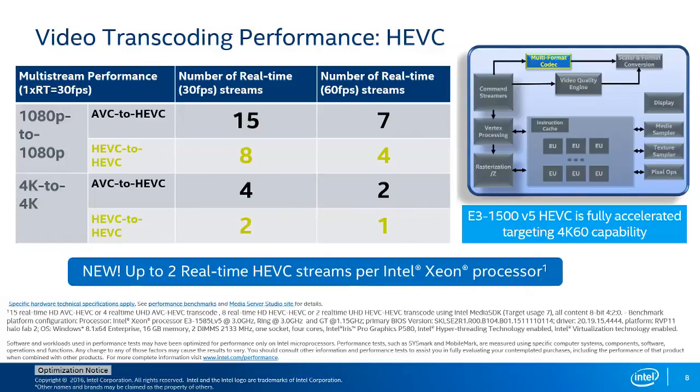You could do 3 at 120, and then when you look at 4K, 3840 by 2160, that's roughly 4 times the number of pixels. Well, it's exactly 4 times the number of pixels, but the frames per second is roughly 1/4 of what you would expect with encoding or transcoding 1920 by 1080.